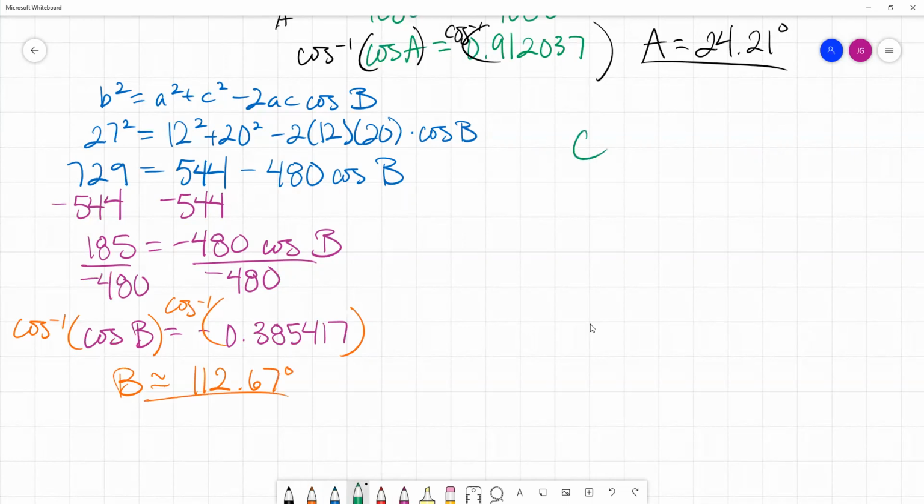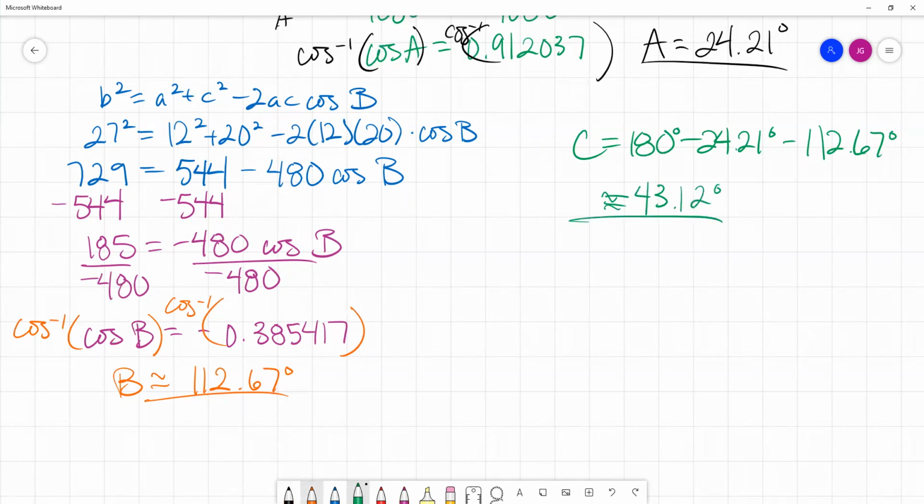Our angle C is going to be 180 degrees minus 24.21 degrees minus 112.67 degrees. Okay, so let's figure that. We end up getting that C is 43.12 degrees.